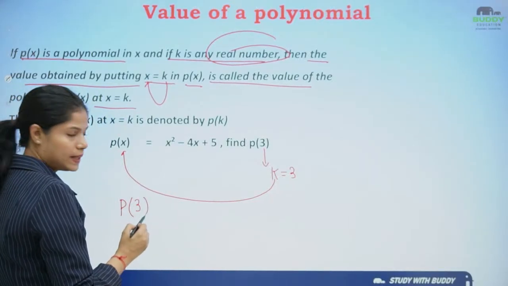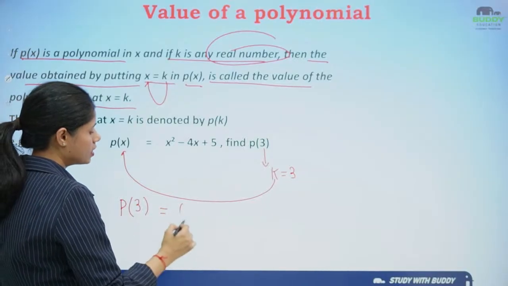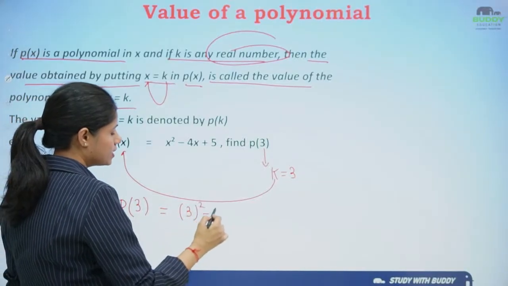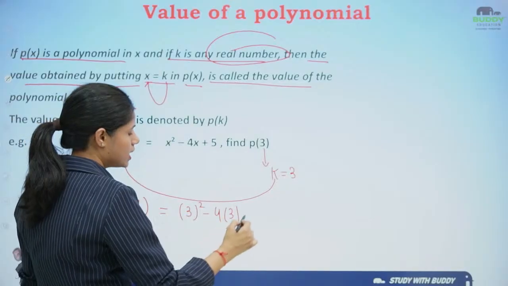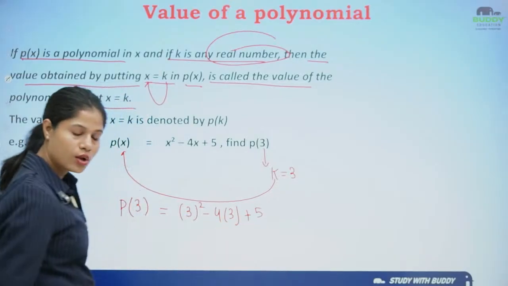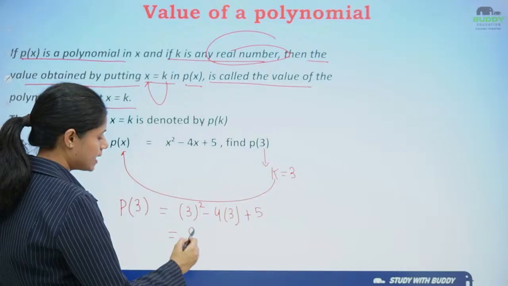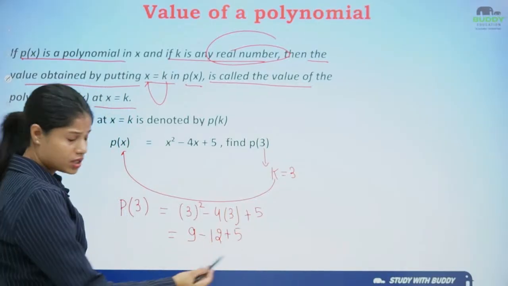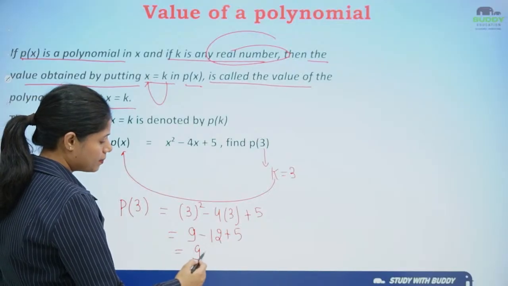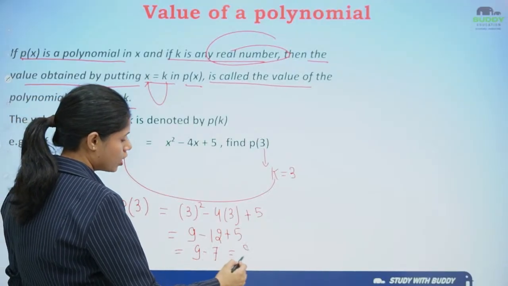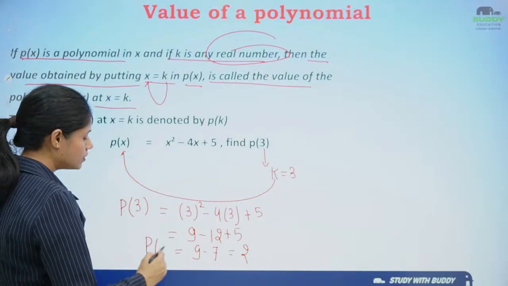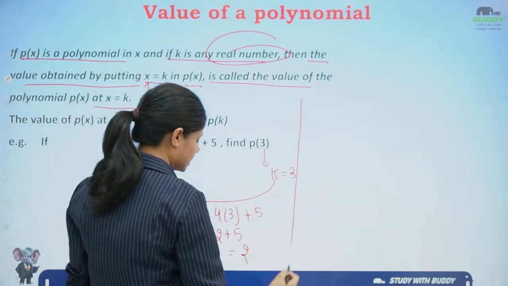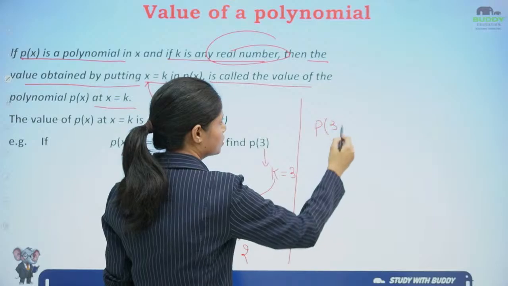So I'll put 3. Then over here this will be 3 square, then this will be 4 into 3, and then it will be plus 5. Now let's solve this. This is 9 minus 12 plus 5. This will be 9 minus 7, and then your answer, the value of this polynomial at 3, will be equal to 2.